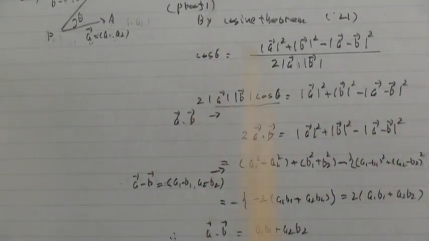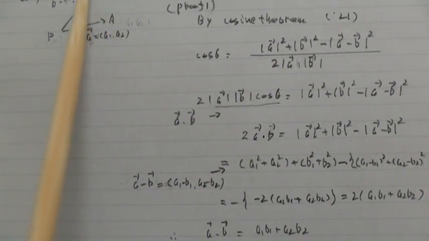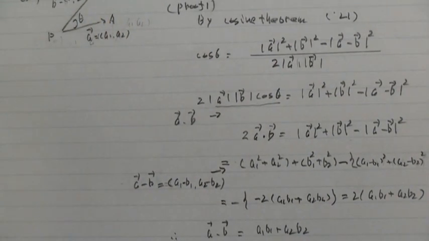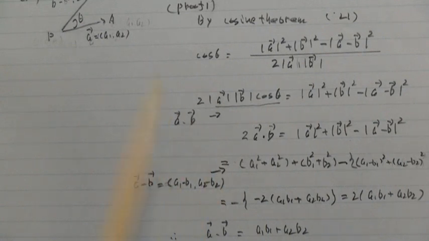Okay, and |A minus B| squared is the distance. The components of A minus B, and this squared, the absolute value squared, equals square plus square. This is okay.